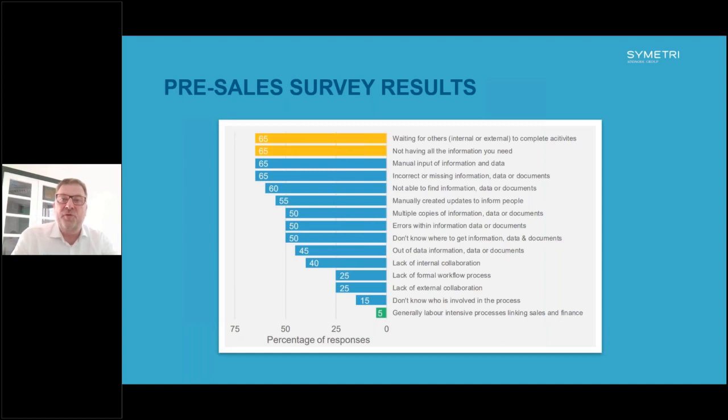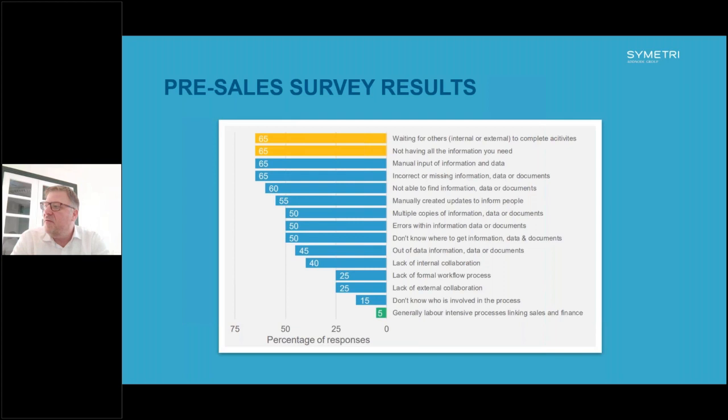And to kind of prove that, I'm going to try and use real world information on this. As part of our pre-sales process, we're often asked to carry out a return on investment analysis. What if we invested in new technologies, what would that look like for us? So this is a really common survey that we do as part of that process.